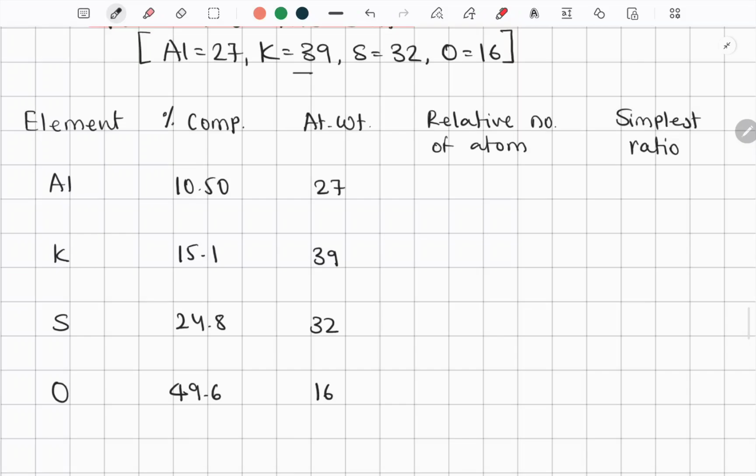Now how do we calculate the relative number of atoms? It's very simple: we divide the percentage composition by the atomic weight.